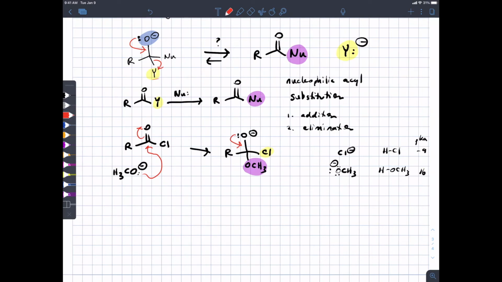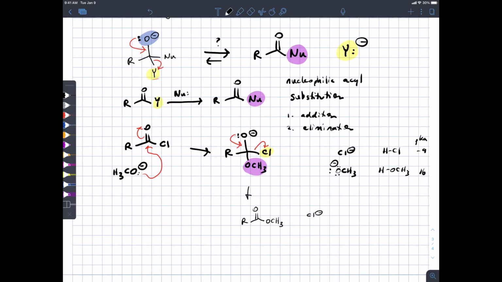Lone pair electrons kick down and Cl minus leaves to give us the substitution product, which is, in this case, an ester. Okay? Now you're going to be tempted to try to memorize things at some point when we give specific reactions. You may be tempted to have a mantra that alkoxides react with acid chlorides to give esters.